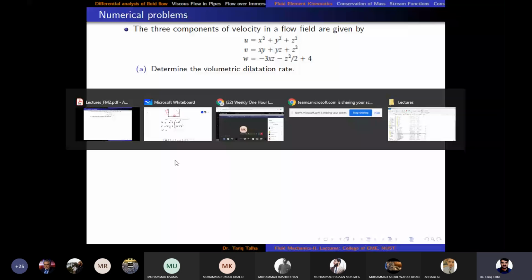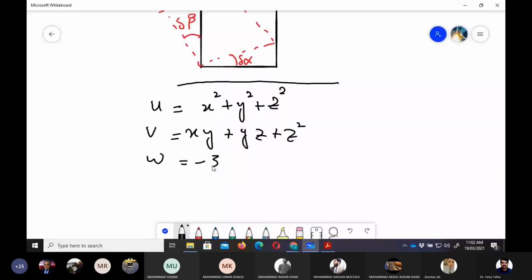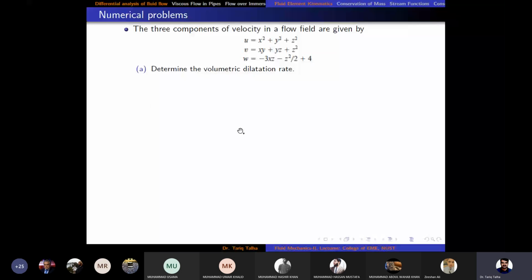Okay, so these are the velocities in a given flow field. So first of all, we need to determine the volumetric dilation rate for this flow field.